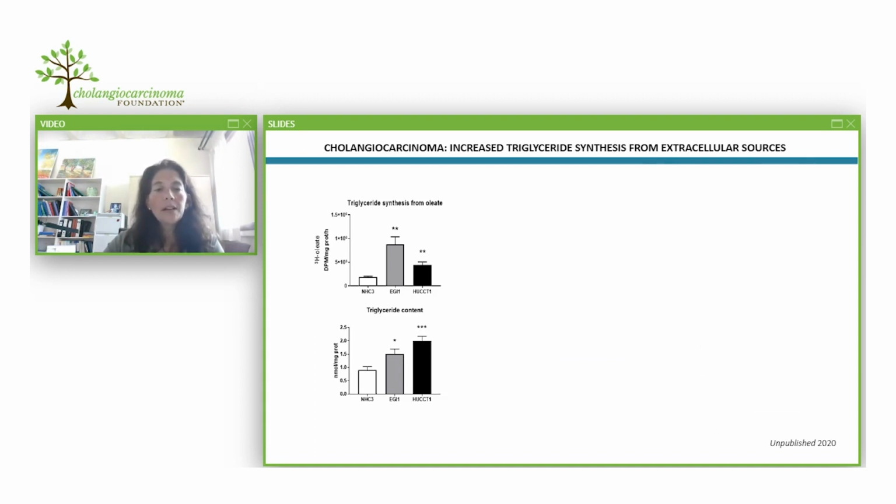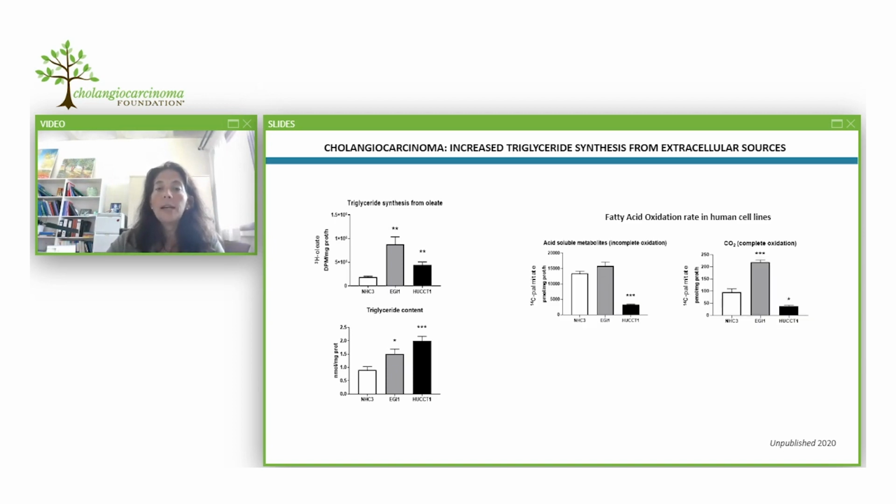Curiously, we observed that the TG synthesis was higher in the extrahepatic cholangiocarcinoma cell line than in the intrahepatic one, but the TG content was increased to a higher amount in the intrahepatic cholangiocarcinoma cell line. So we proposed that the fatty acid oxidation rate would differ in both cholangiocarcinoma cell lines.